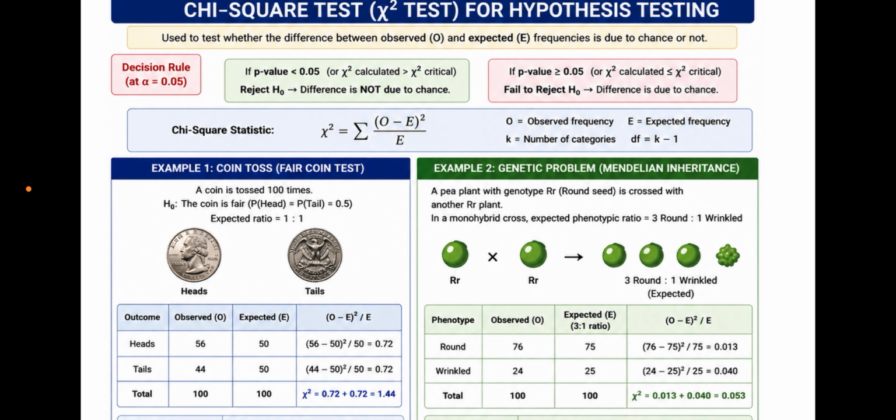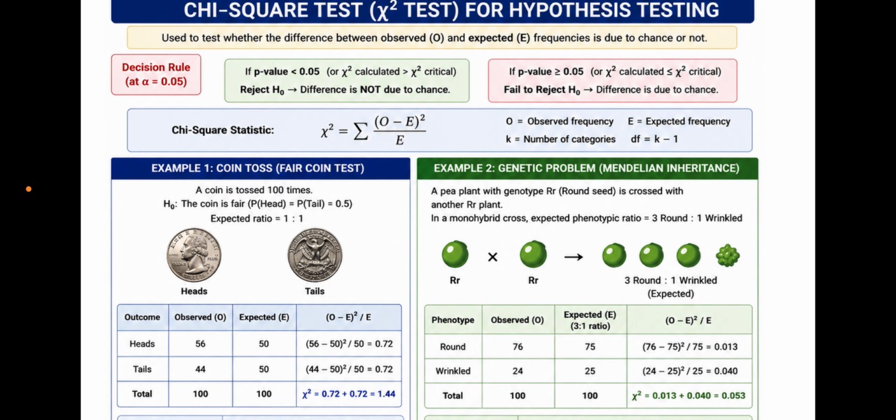So it is 97 to 98% because of the biological factor. Such a biological factor is really making the difference between the expected value and the observed value. This is how we calculate.